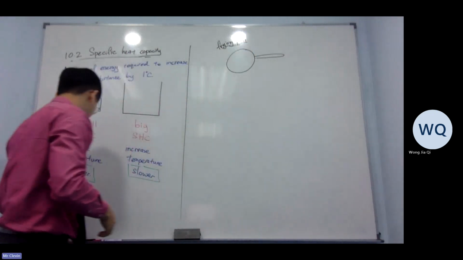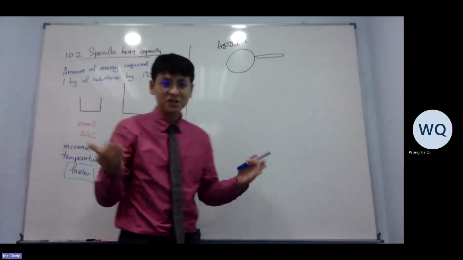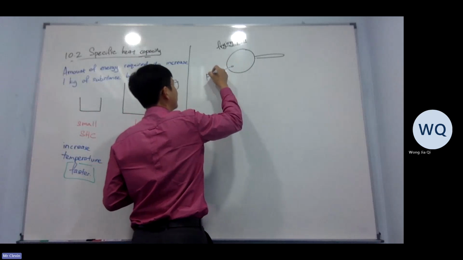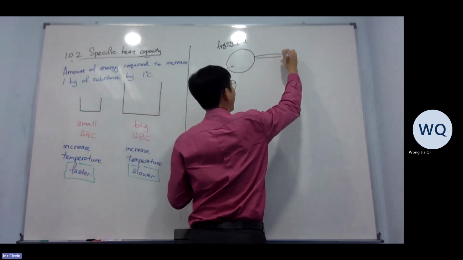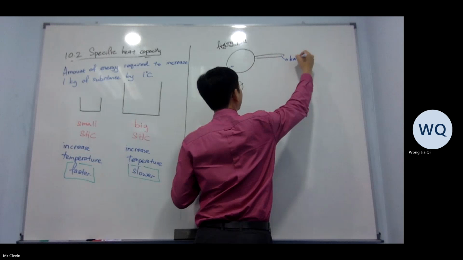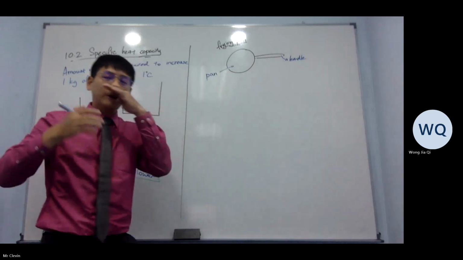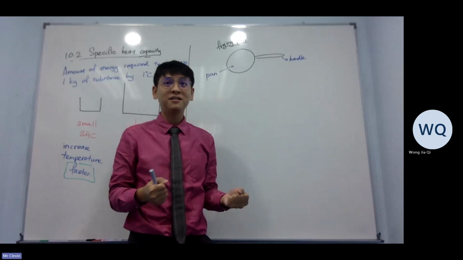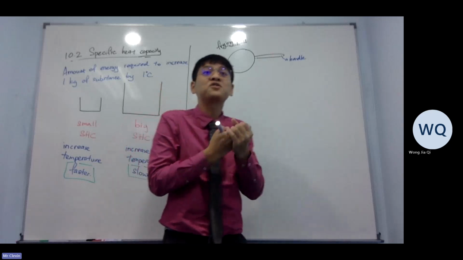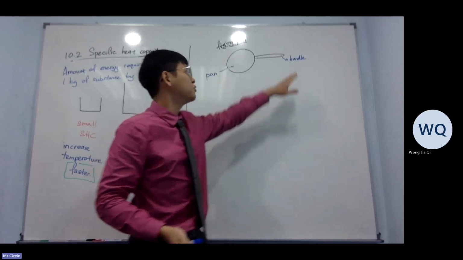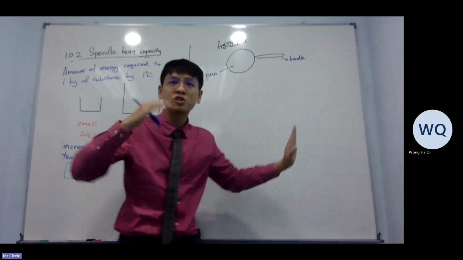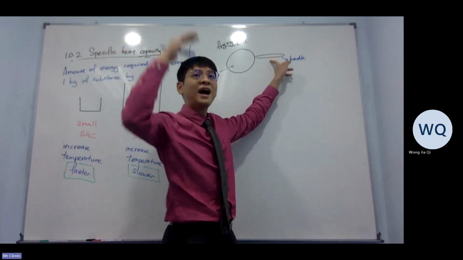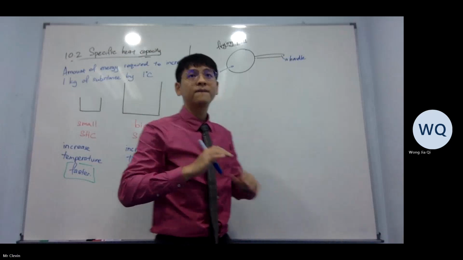In terms of the frying pan, we classify it into 2 main components. Number 1 is the pan itself. Number 2 is the handle. Logically thinking, do you want the handle to get hot faster? No, we want it to get hot slower, right? If I want the temperature to increase slowly, do I want the specific heat capacity higher or lower?